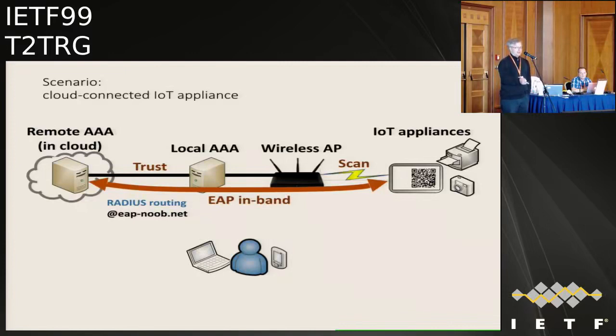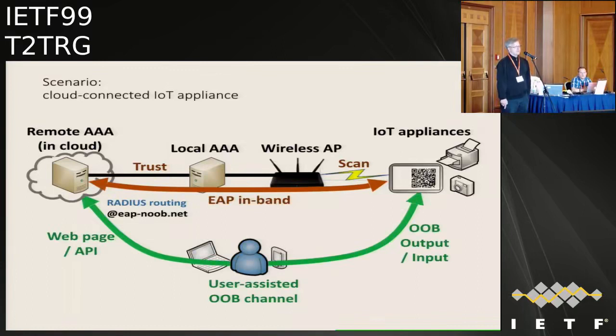And then the security comes from this single out-of-band message, which goes either from the cloud server to the IoT appliance or the other way with the help of the user. In this case, typically it's a smartphone or some kind of mobile smart device, and then an HTTPS or TLS connection to the cloud server.